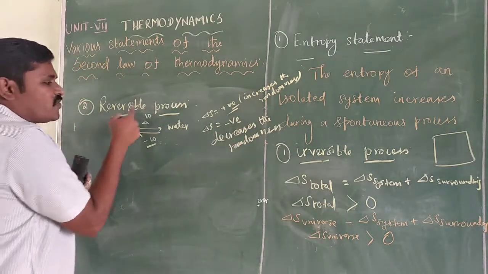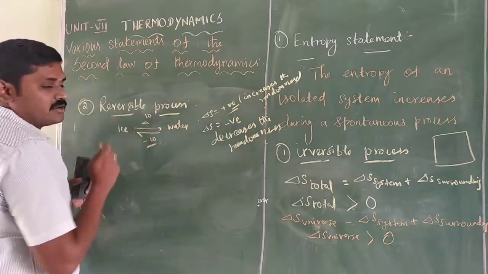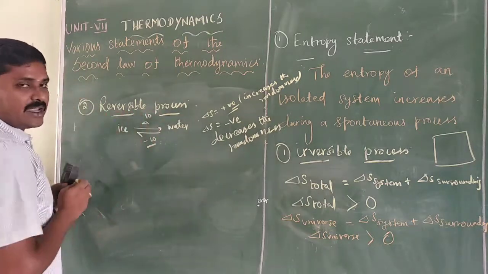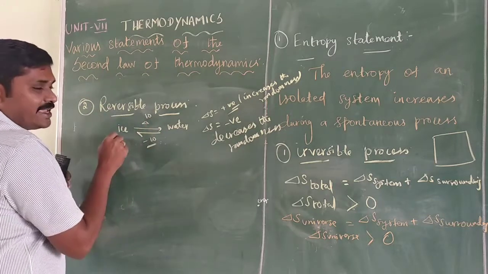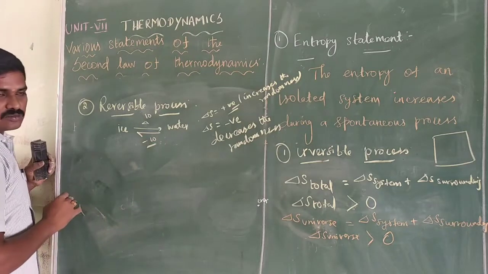So ice converted into water, del S is 10, and water converted into ice, del S is minus 10.